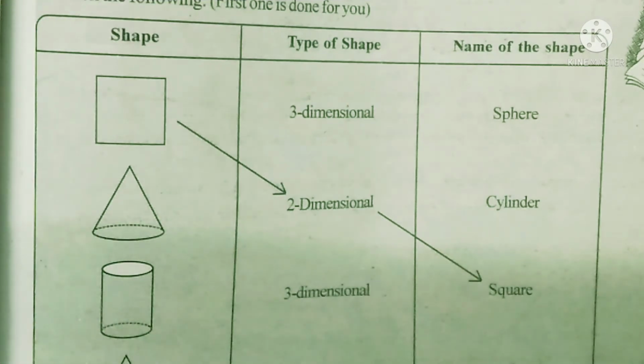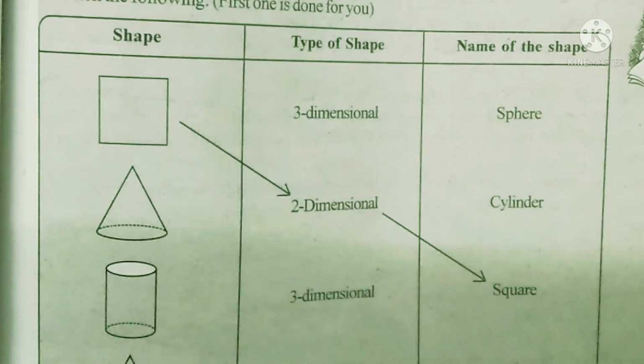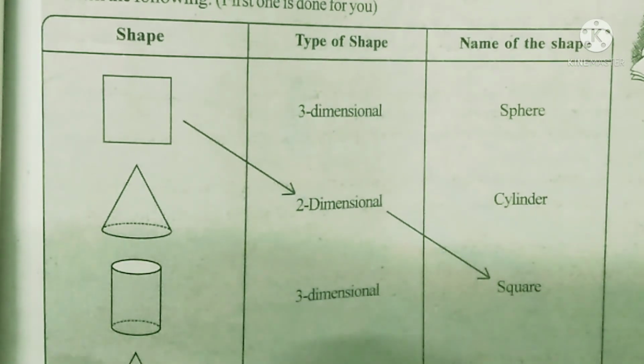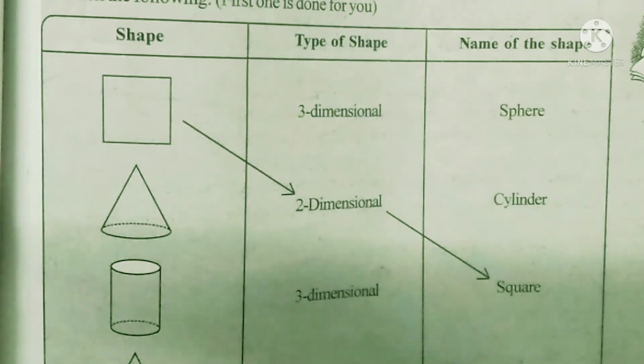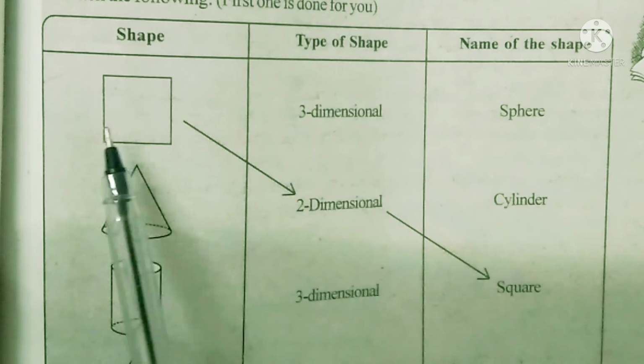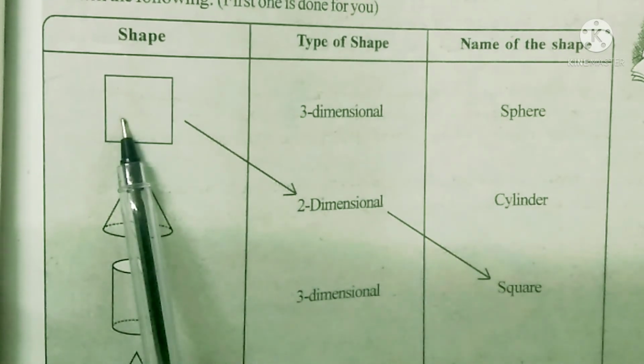Now let us quickly revise some of the figures which we have already learned in lower classes and identify them as two-dimensional or three-dimensional. First of all, we will name the figure and then we will think whether it is two-dimensional or three-dimensional. Now see here, this is a square.